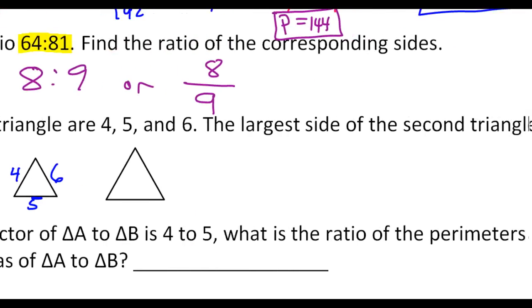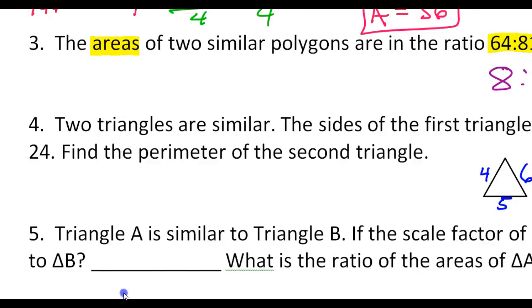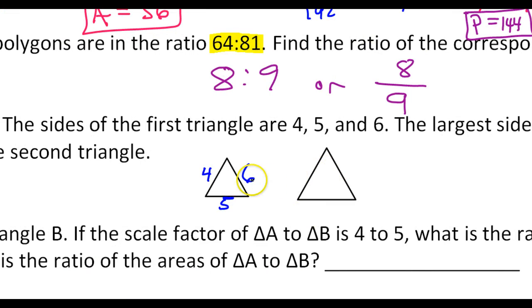All right, the largest side of the second triangle is 24. So I'm going to put that on the same position as the largest side of the first triangle, because the 6 and the 24 should be corresponding. Okay, those go together.